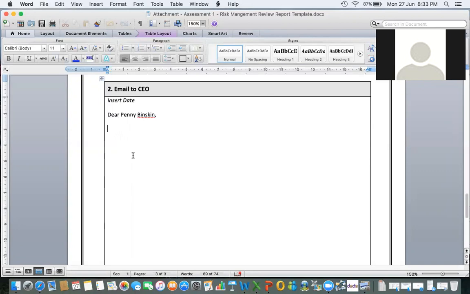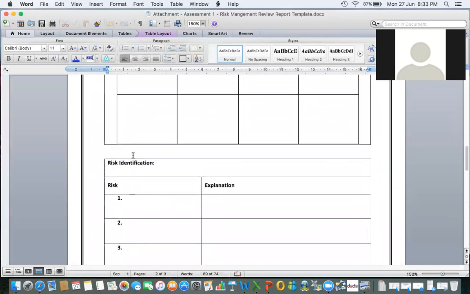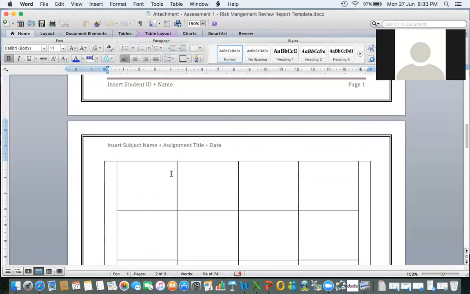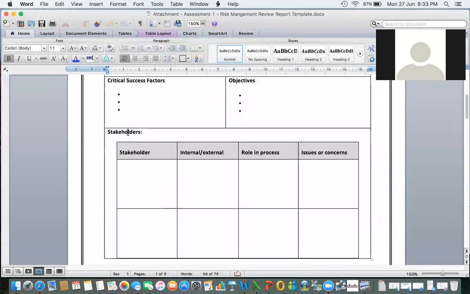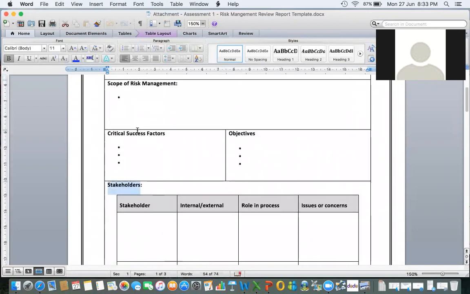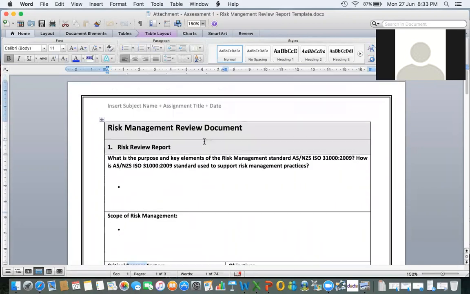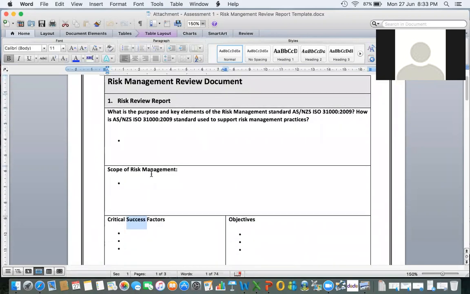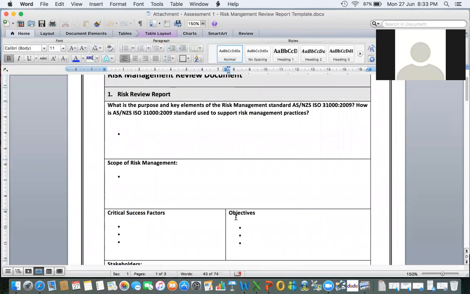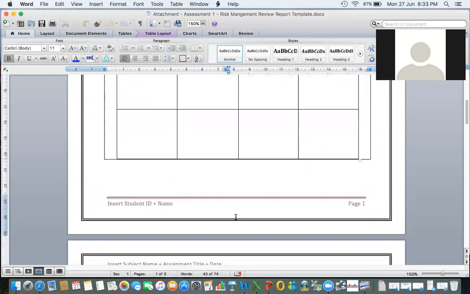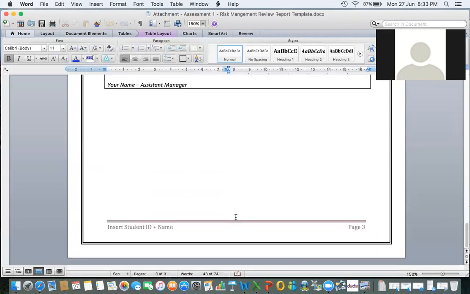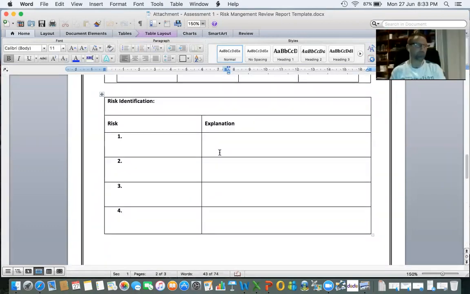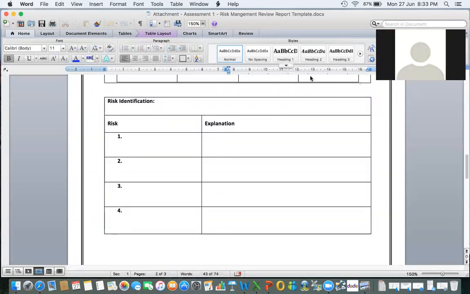As long as you have captured the main points, explained your highlights about the 4 risks that you have identified, the stakeholders that you discussed, and highlighted the key critical success factors, scope, and objectives, you are fine. Just the highlight from each section. Yep, I understand. No problem. All good?